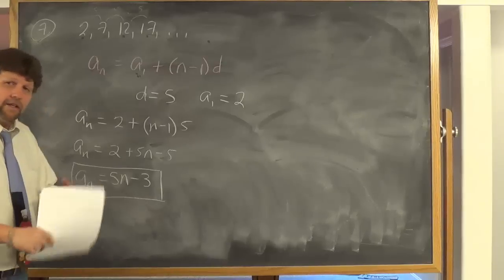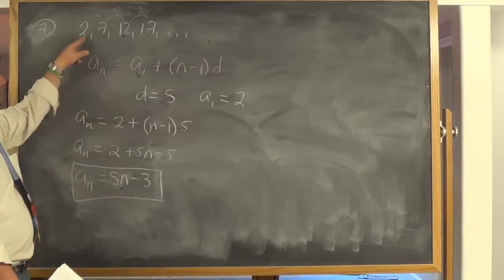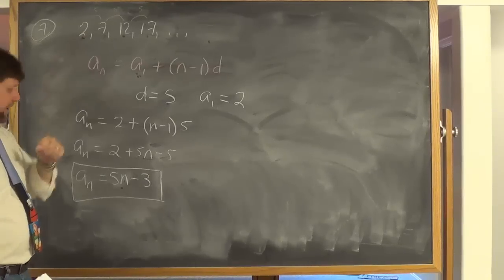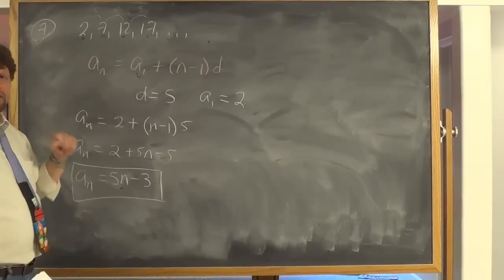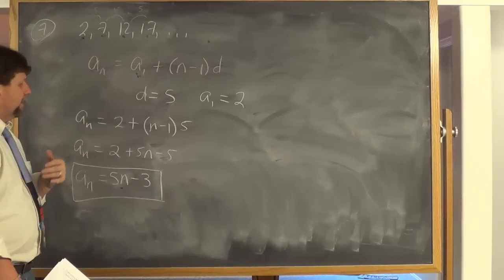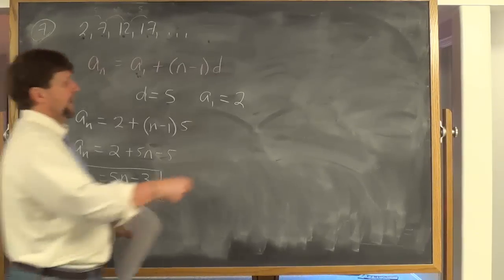And then you can always check to make sure that this is correct. If you put a 1 in for n, do you get the first term 2? If you put 2 in for n, do you get the second term 7? And it is checking.